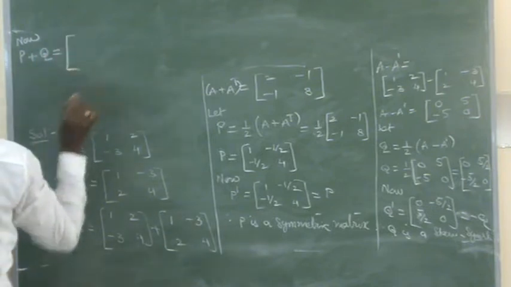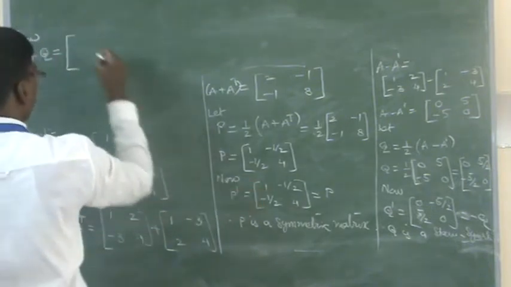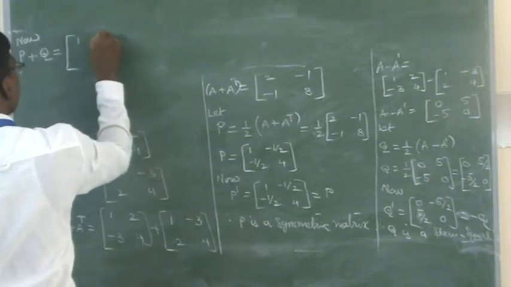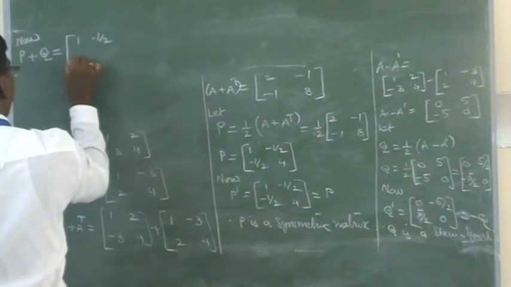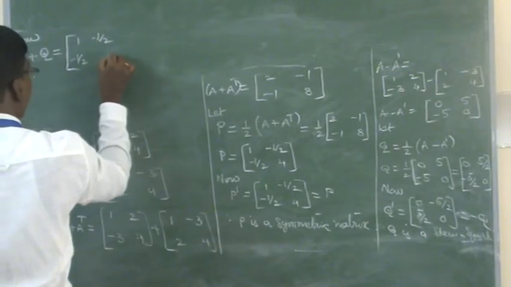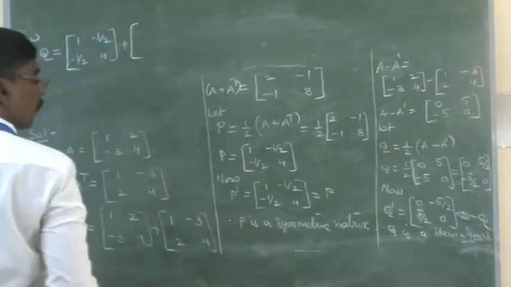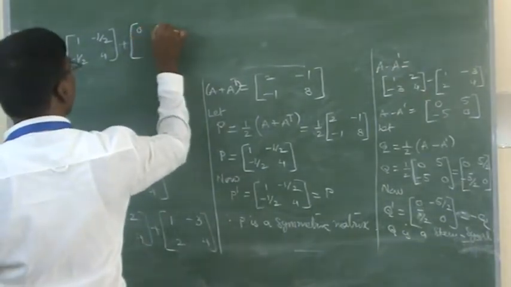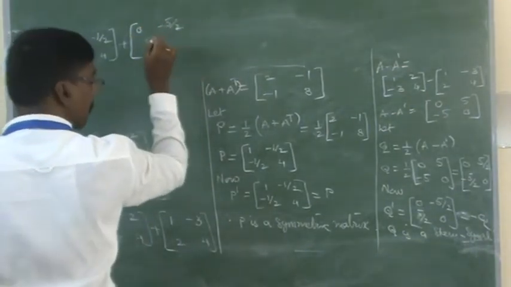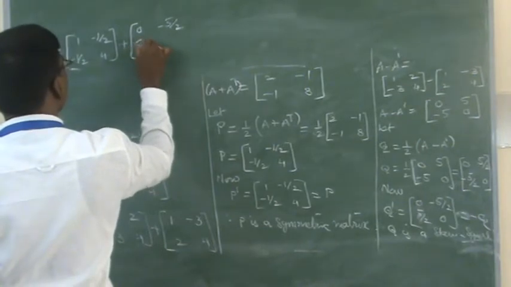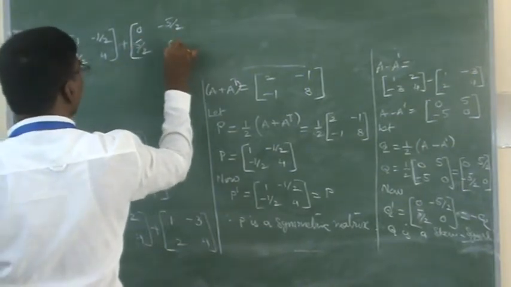What is matrix P? Matrix P, already we know, is 1, minus 1 by 2, minus 1 by 2, 4. Plus, what is matrix Q? 0, minus 5 by 2, 5 by 2, then 0.